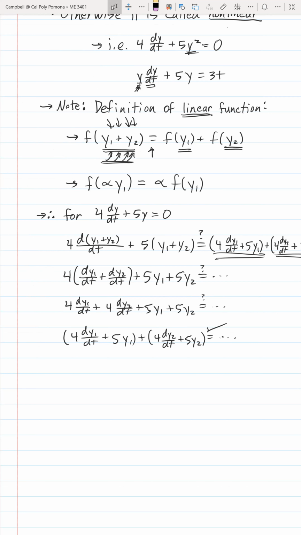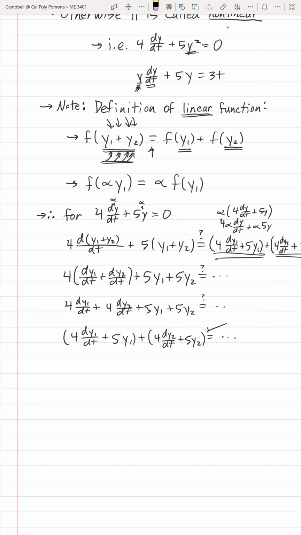Now, of course, if I had a constant alpha, if we wanted to do the second check, it would be really simple because I could just substitute in an alpha there and here, and then we would have to make sure that that is equal to 4 alpha dy/dt plus alpha 5y, or in other words, we could just factor out the alpha: alpha times 4 dy/dt plus 5y, where again, that alpha is a constant, it's just a scalar.